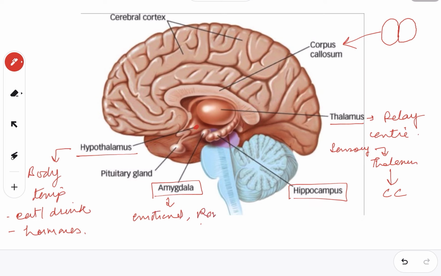It is a center for emotional reaction and also sexual behavior. Now the hippocampus, its main function is to recall events, or you can say memory or smell. So this is a function of the hippocampus.